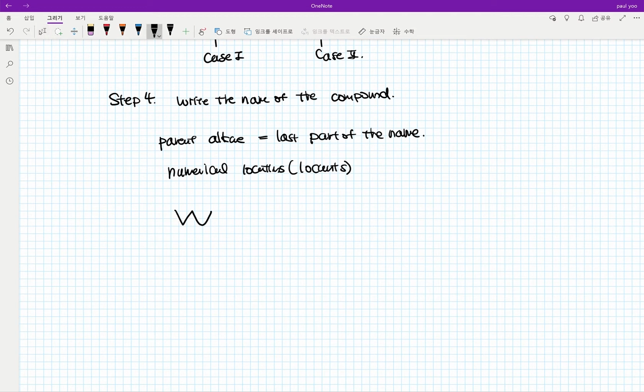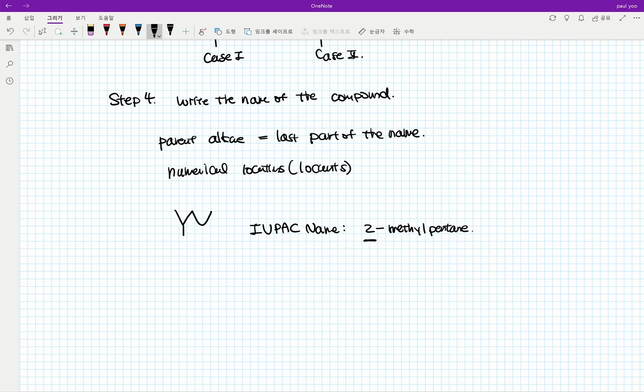So this molecule is going to be named by IUPAC 2-methylpentane. There is no space in between methyl and pentane.